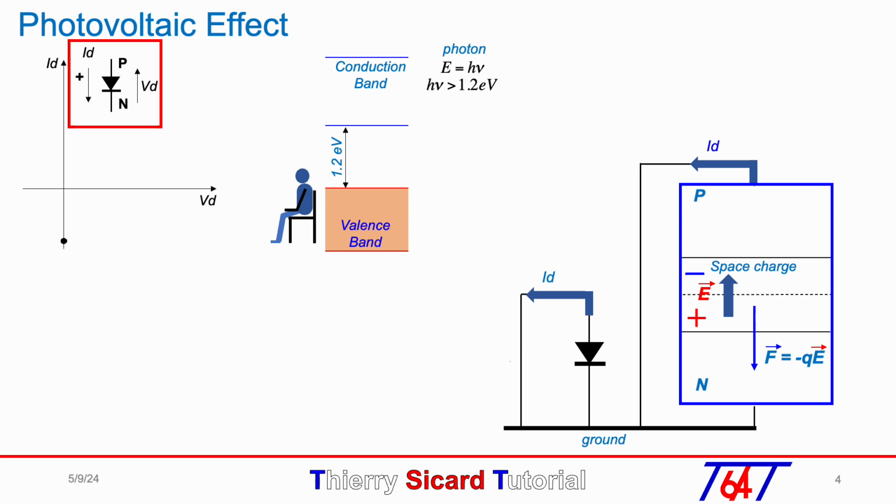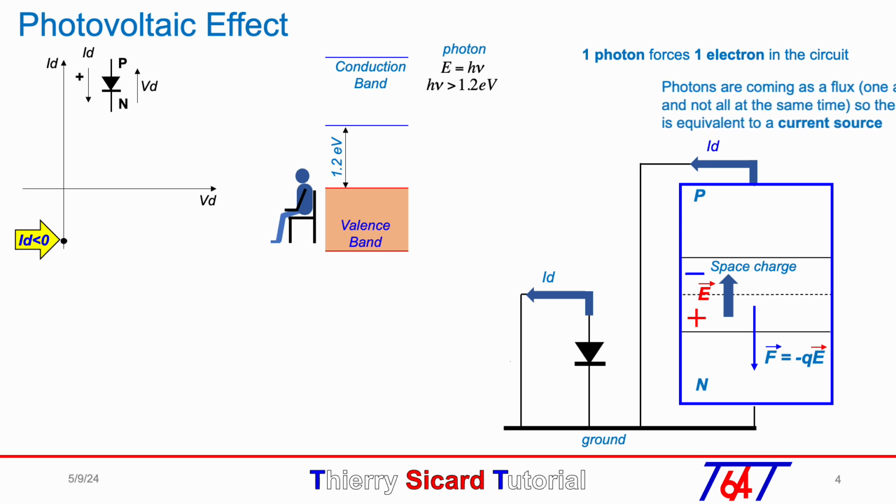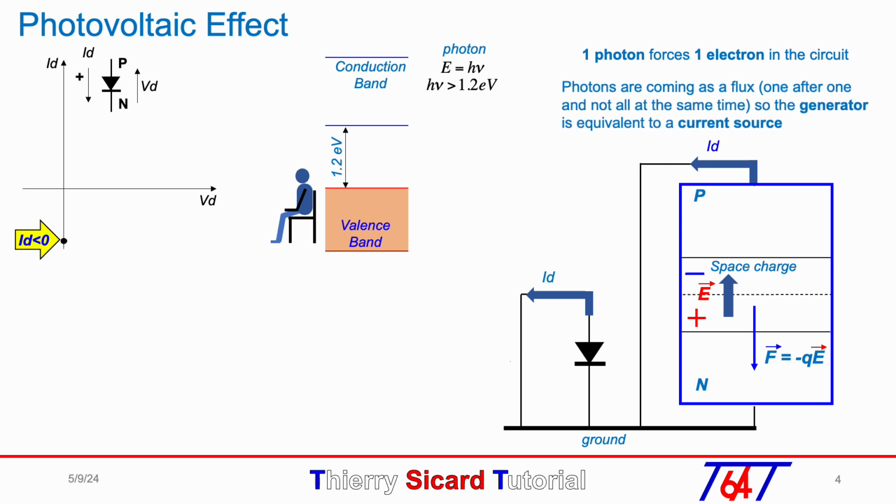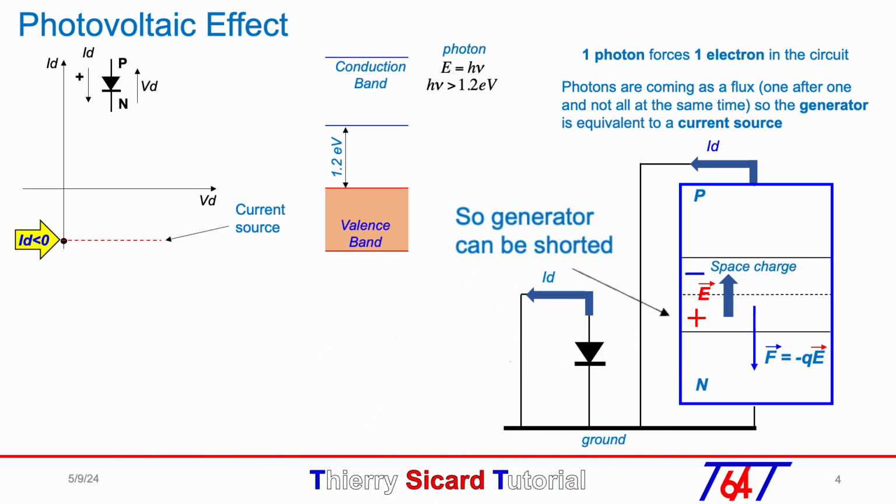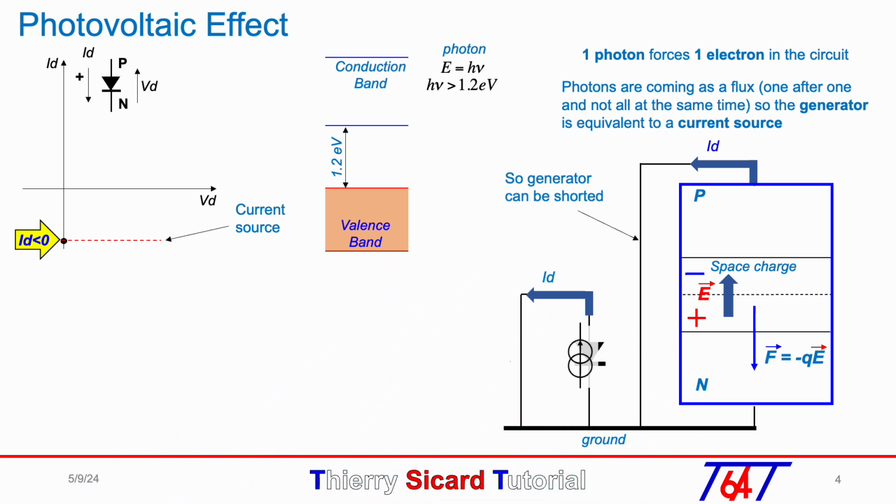As photons are coming as a flux one after one, the generator is equivalent to a current source, so the generator can be shorted. Of course, if we replace the short by a resistor R, the circuit will provide a voltage VR across the resistance.